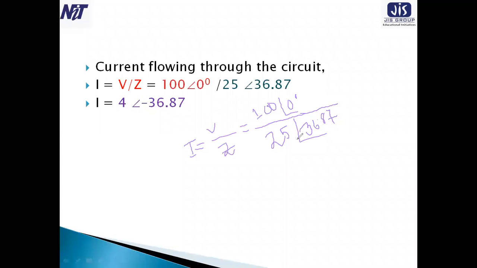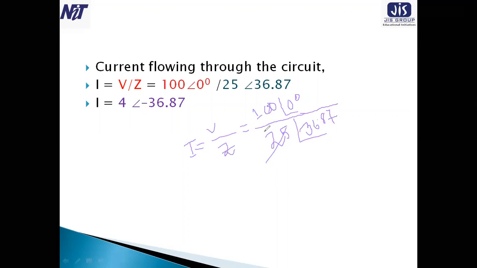For this division calculation, we convert Z from x plus jy to polar form, because for division and multiplication we cannot use x plus jy. We have to convert it from x plus jy to r theta form. But for addition and subtraction, if there is any polar form, we need to convert it from r theta to x plus jy.